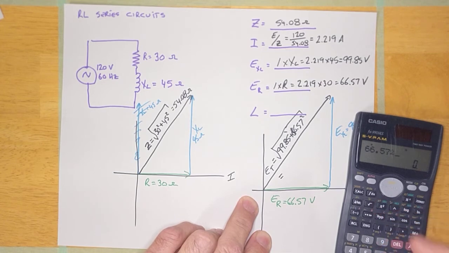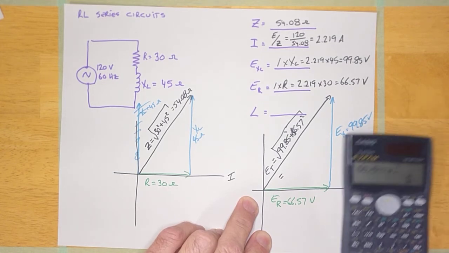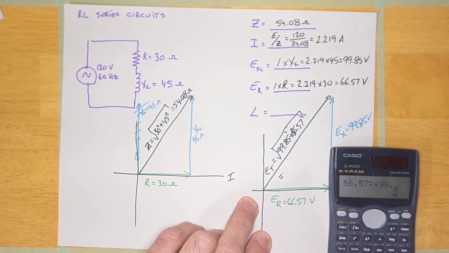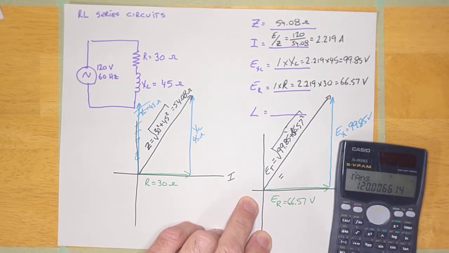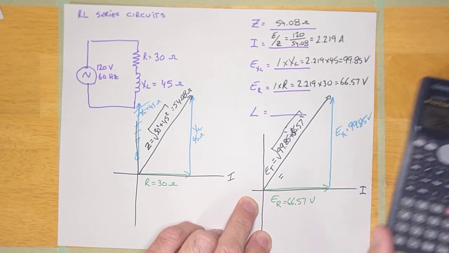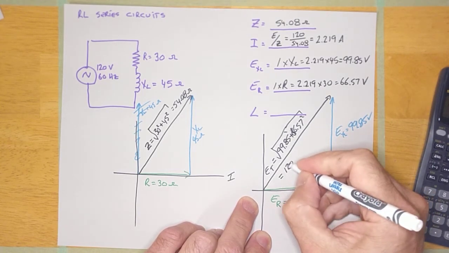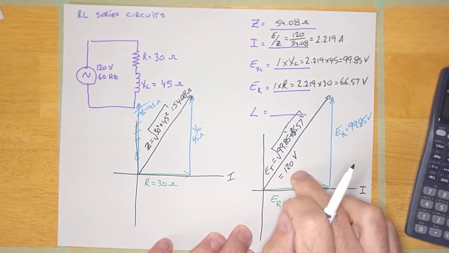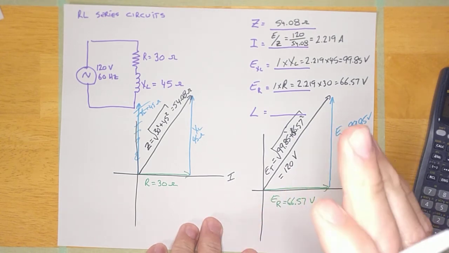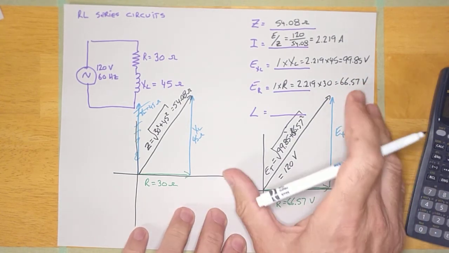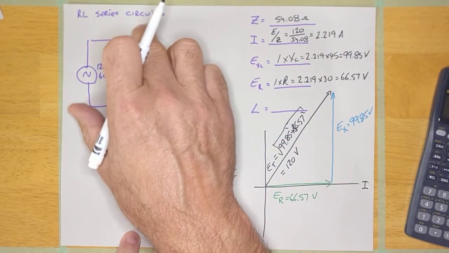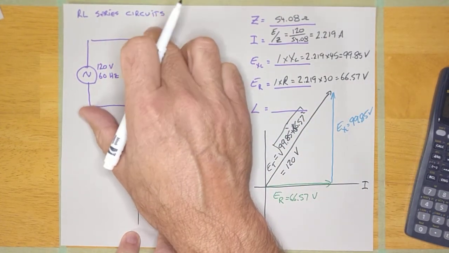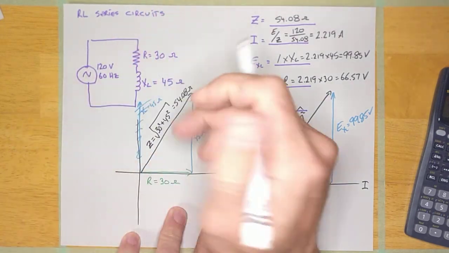That equals exactly 120 volts. So I'm trying to show you here that everything that we learned in level 1 about series circuits is going to apply to level 3 series circuits, 2 and 3.